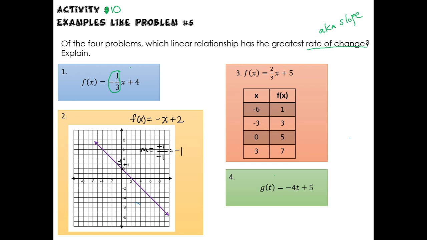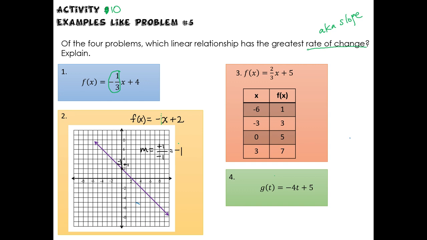So here, this one is negative 1/3. It's not very big. Here you can see that the number in front of x is just a negative, and there's no number. And I would like to go back and remember, there's actually a number in front of x, which is a negative 1.